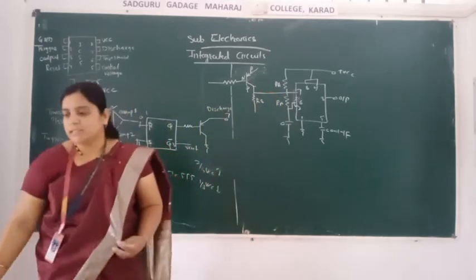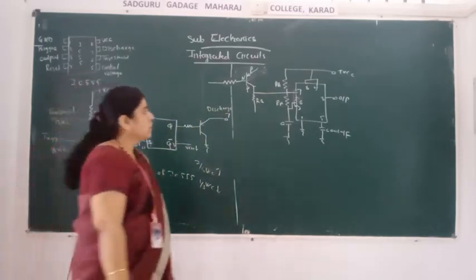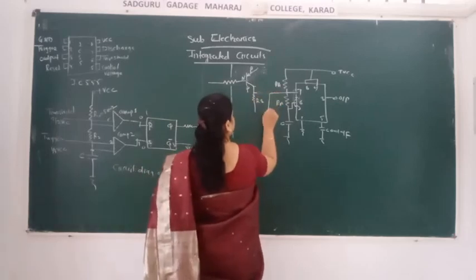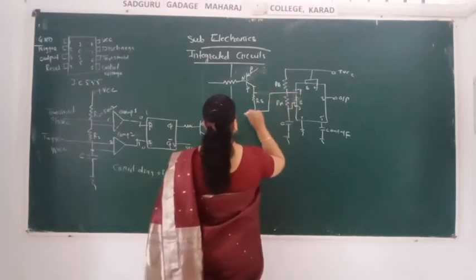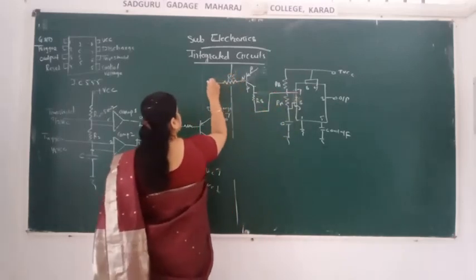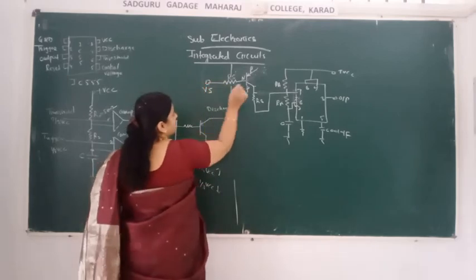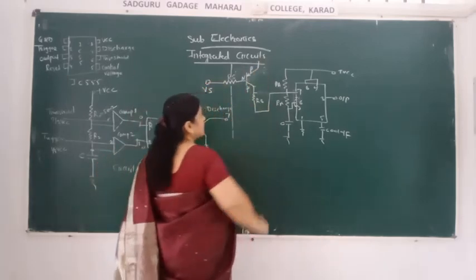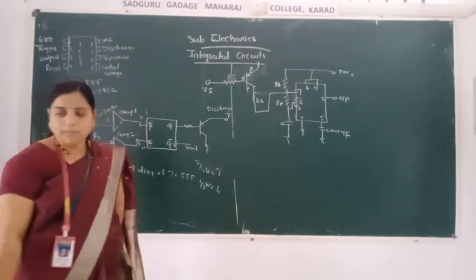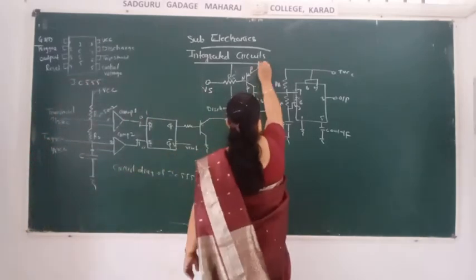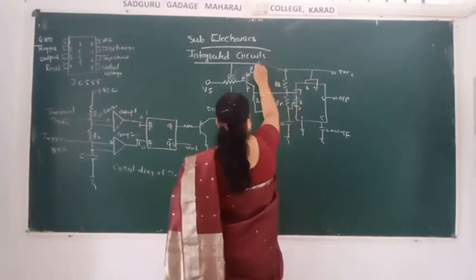That R3 is connected to pin number 7. This is RS, and the voltage VS is applied here, and this is the transistor, which is connected to this VCC supply.